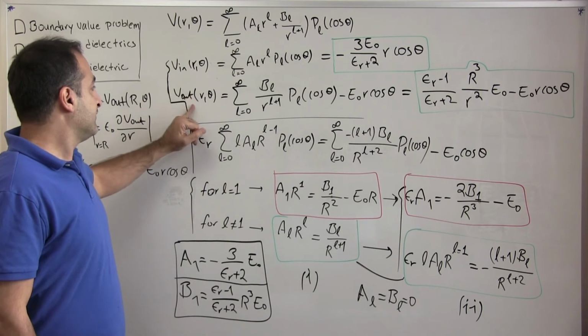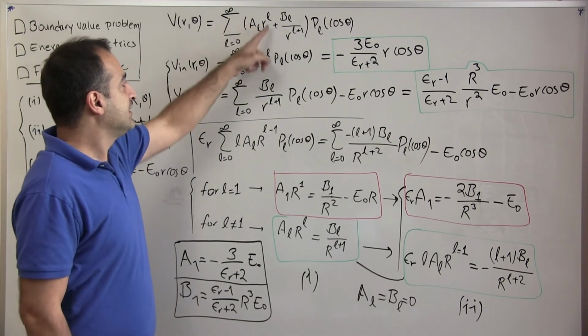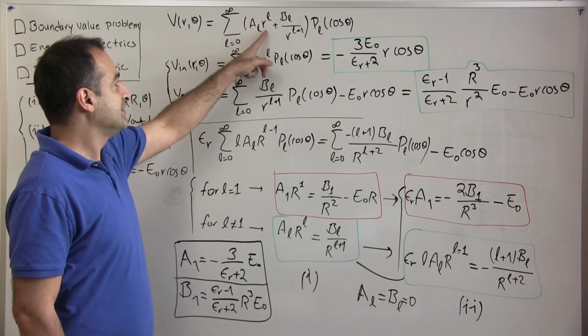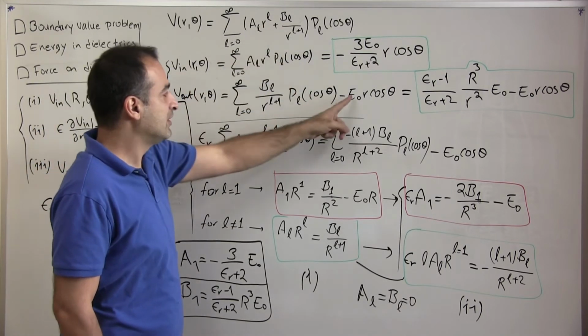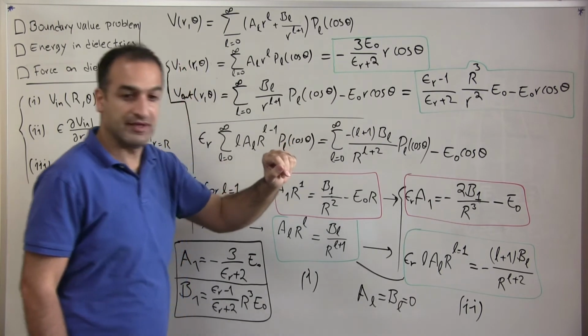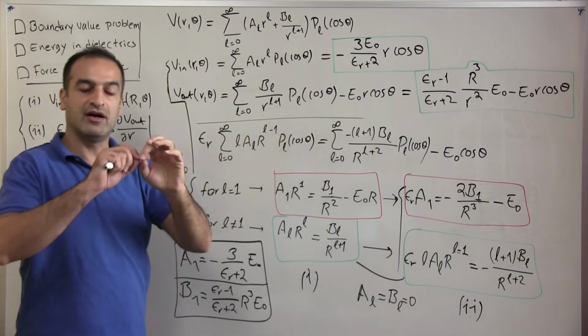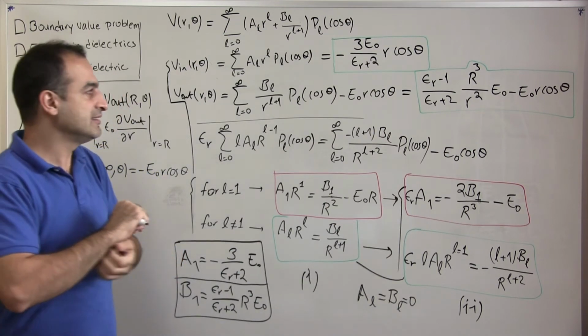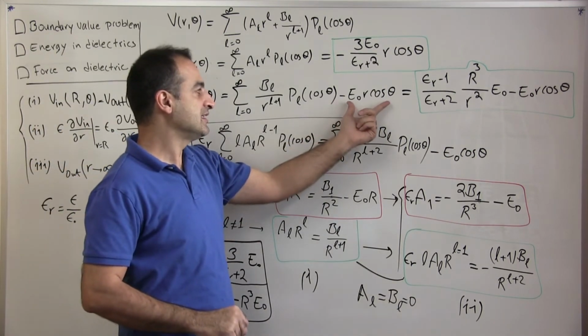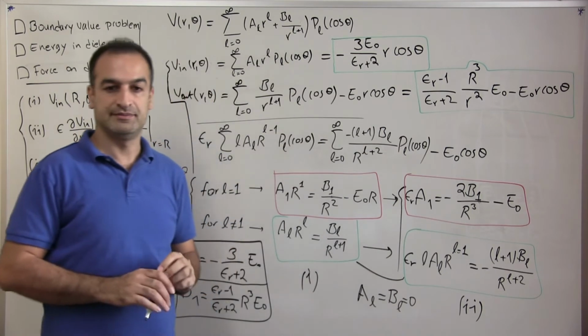Now, if you look at V out, you see I eliminated all the A_L values here, technically except the one that has r to the power of 1, and I only kept that one. And for the same reason, for r goes to infinity, I don't want the potential to blow up unless it follows this term, which is E naught r cosine theta.